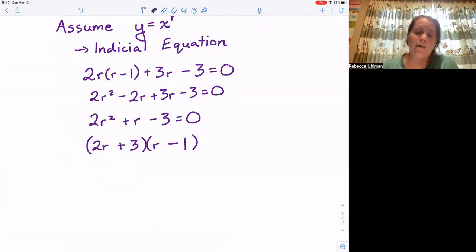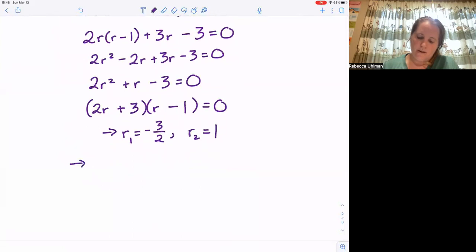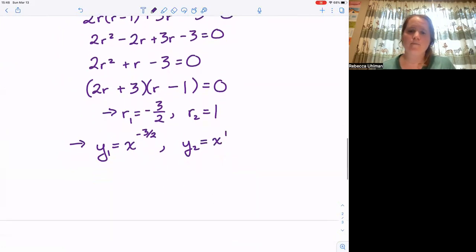We would have a plus 3r minus 2r gives us our plus r, and we have our minus 3 on the end. So we can take our r1 to be negative 3/2 and our r2 to be 1. We therefore get that y1 would be x to the negative 3/2 and y2 would be just x to the first power, or x.